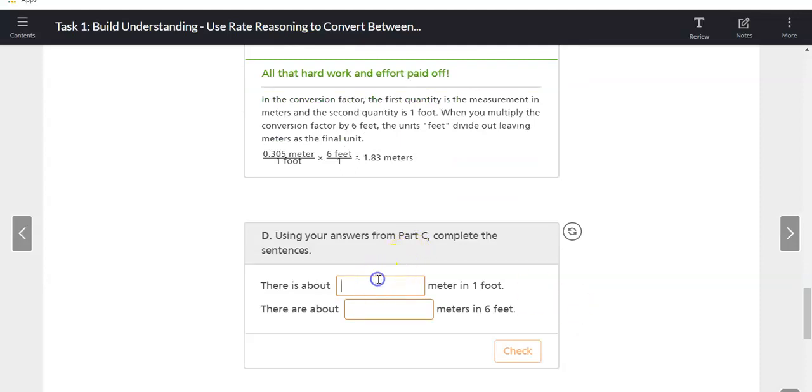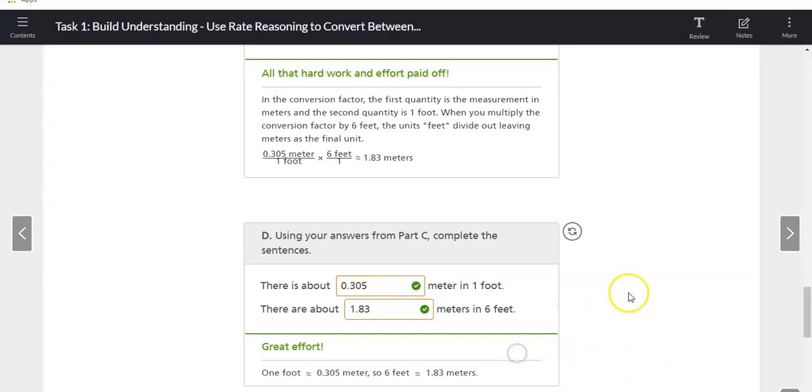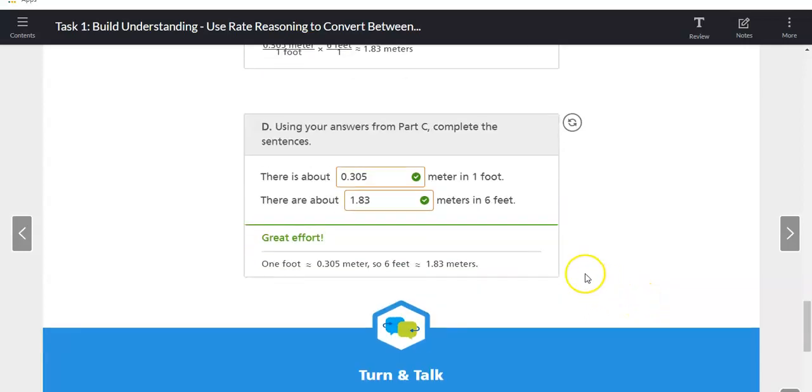So there is about 0.305 meters in 1 foot. I got that from the conversion table. And it's saying about because remember that the conversion table gives you approximate answers. And we're going to go to page 2, and that's going to be the beginning of Step It Out.